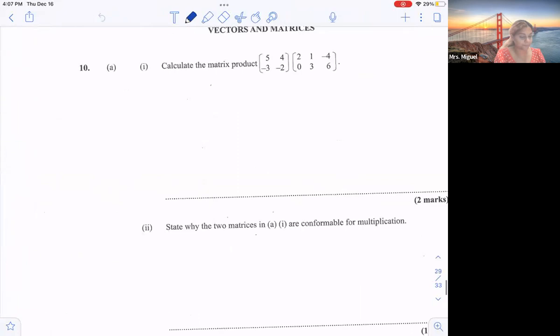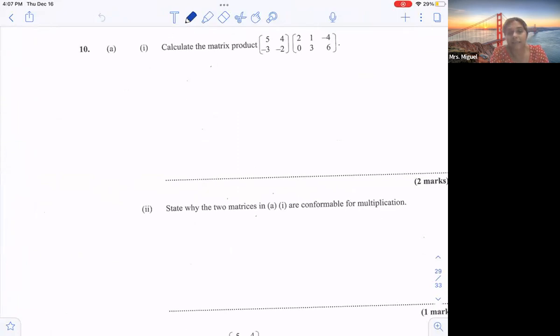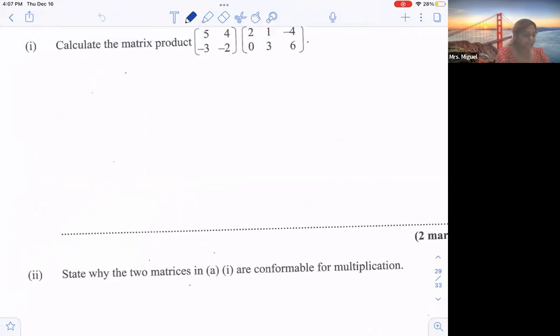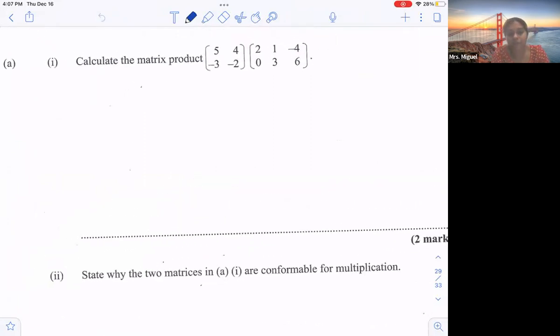All right. Calculate the product of those two matrices. Before we attempt to work out the product, we need to ensure these two matrices are what we call conformable for multiplication. Conformable means that the two matrices can be multiplied.